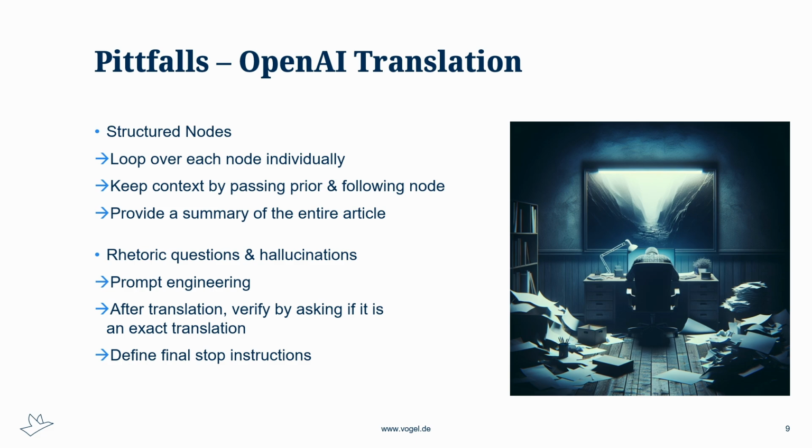And what we do is after we get the translation of a bit, we pass it in again together with the original text, and we ask OpenAI to what threshold that is an exact translation or not, and that actually works quite well.